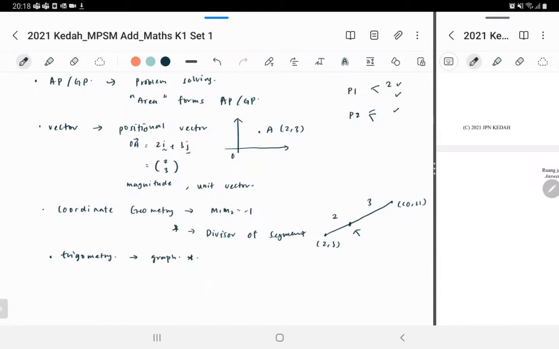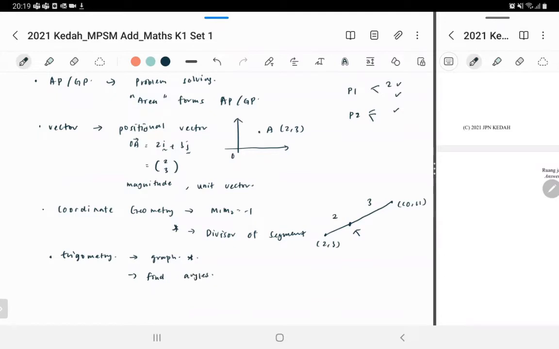If you still remember, sine, cos, tangent, the 3 of them have different patterns and different shapes of the graph.